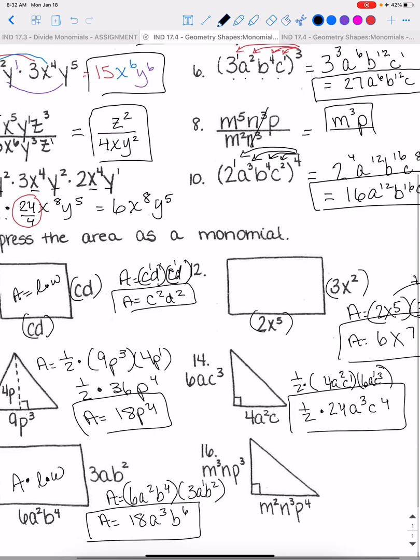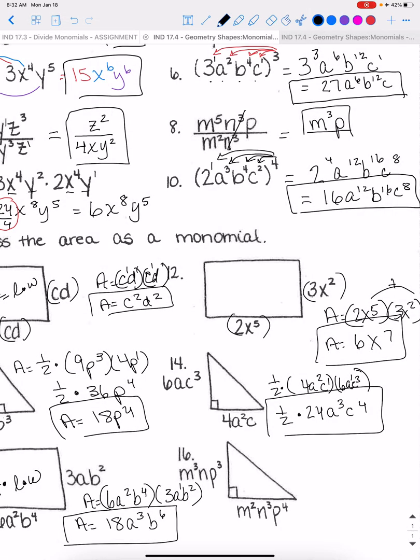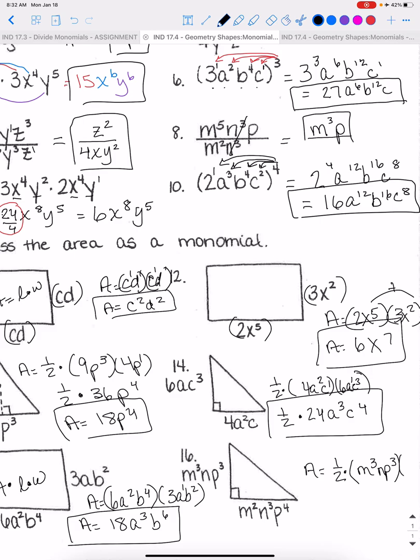And last but not least is the last one for your notes. And we have area equals 1/2 times m cubed n p cubed. I really scrunched it there, didn't I? Times, well, let me scoot that over.